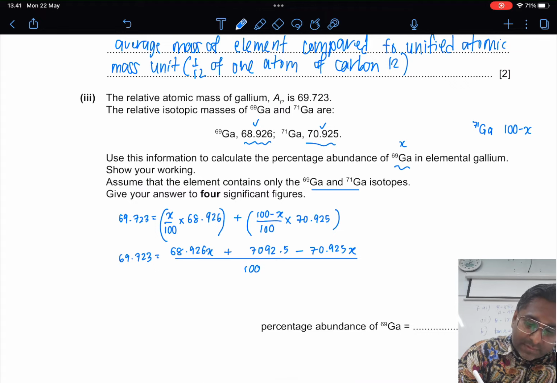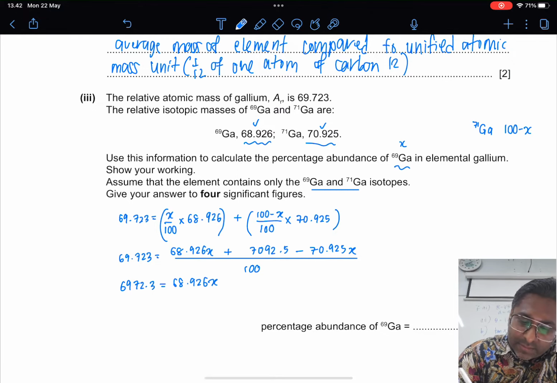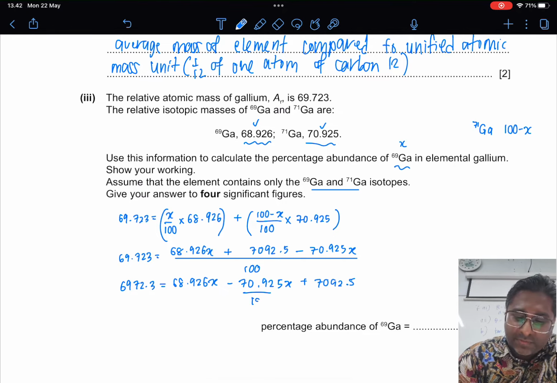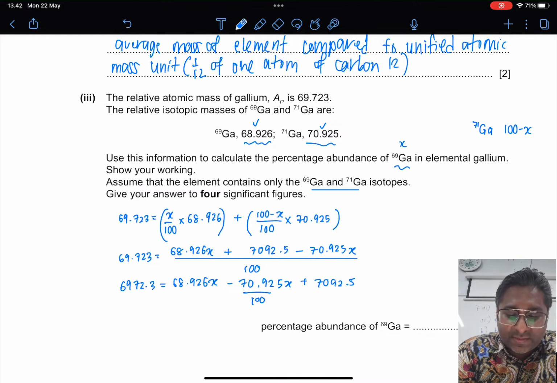So this is 6972.3 equals 68.926X minus 70.925X plus 7092.5, divided by 100. Now you just subtract for me: 68.926 minus 70.925.